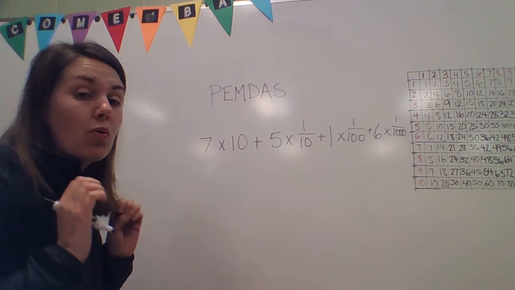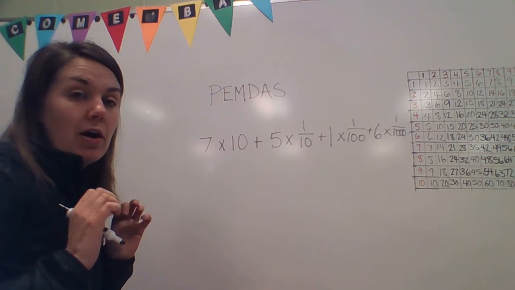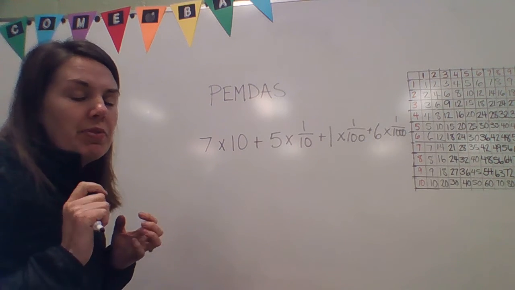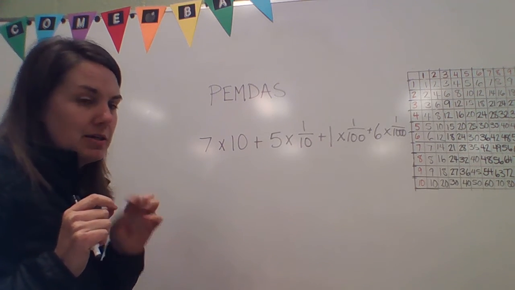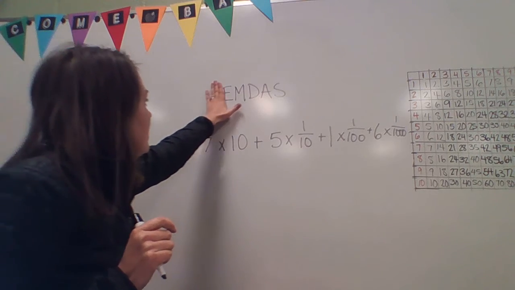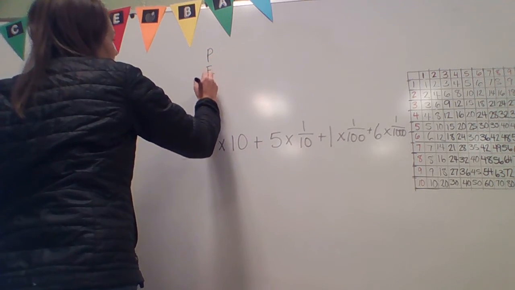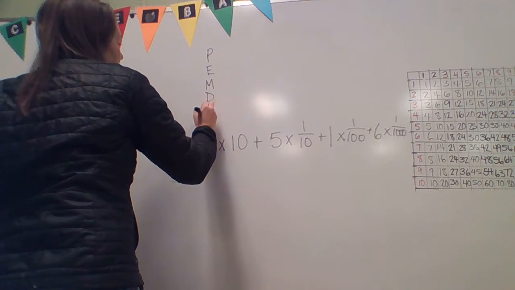It's also known as the order of operations. Operations, remember, are what we do in math: add, subtract, multiply, divide. But there's a few extra pieces to that. So PEMDAS is basically just an acronym. I'm going to write it this way, like our acrostic poems.